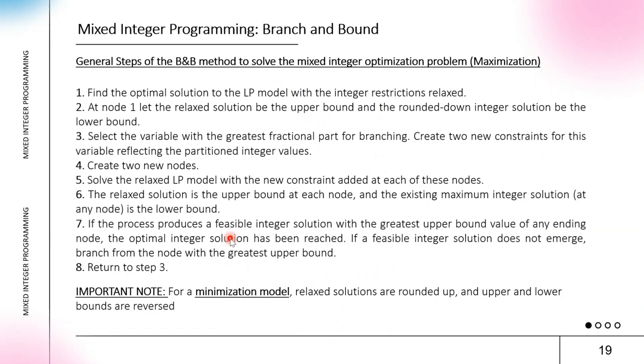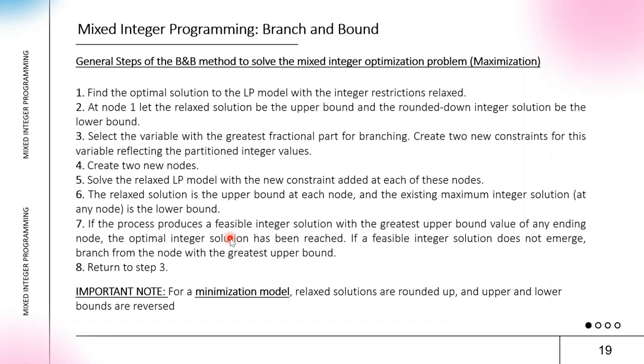In the next step 3, we have to choose the most fractional variable to branch. In step 4, we must create two new nodes, one floor, one ceiling of the fractional value.